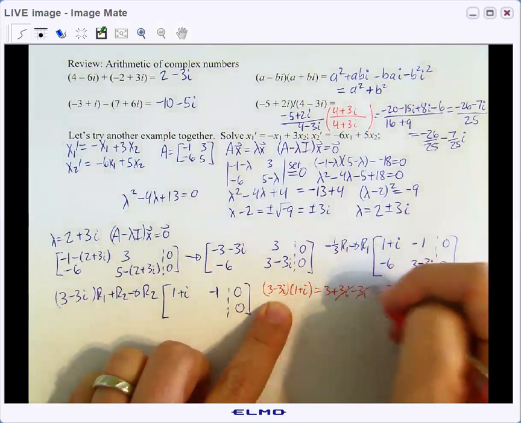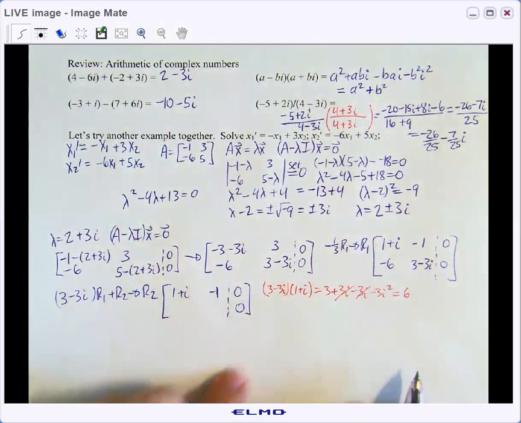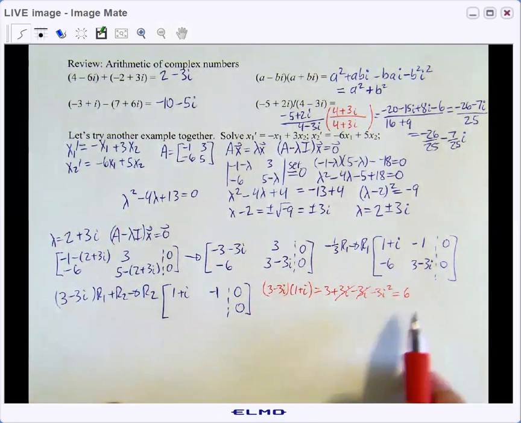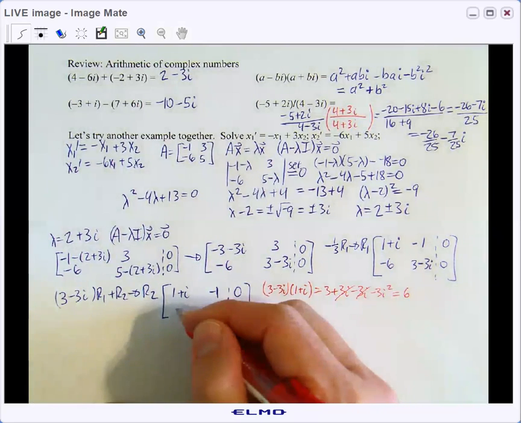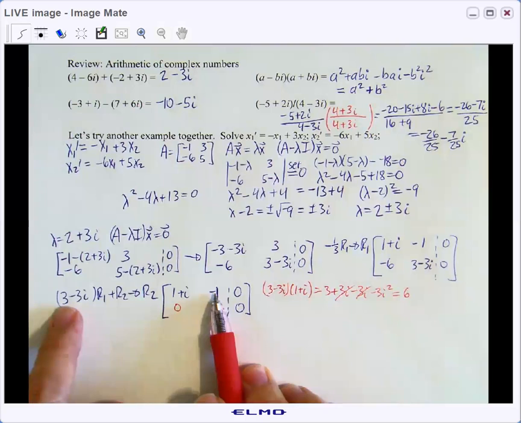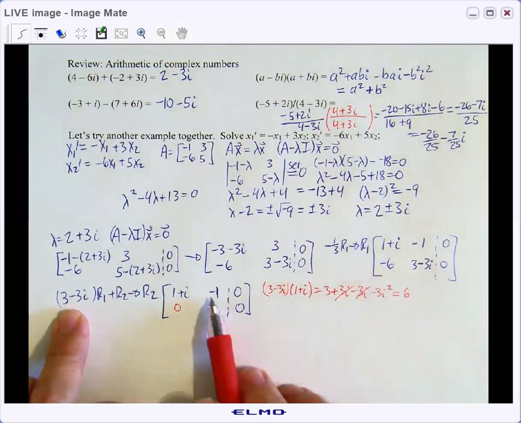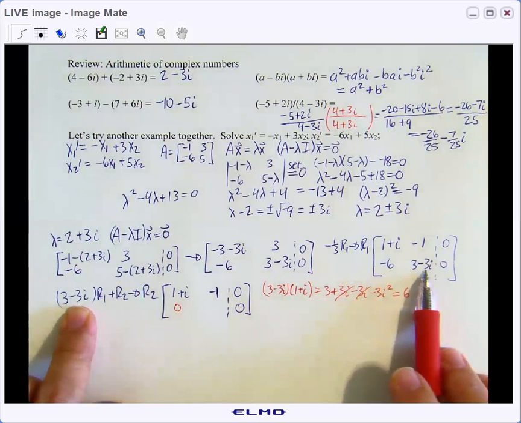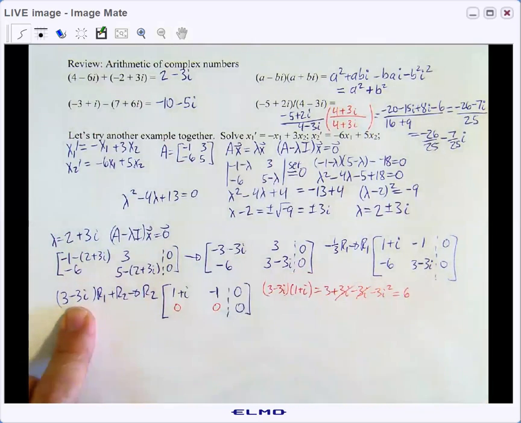And so we will get 6 for this right here. Oh, and the 6 plus the -6 makes 0. And when I do the -1 times the 3 minus 3i, we get -3 plus 3, which is 0, and plus 3i minus 3i, which is 0.